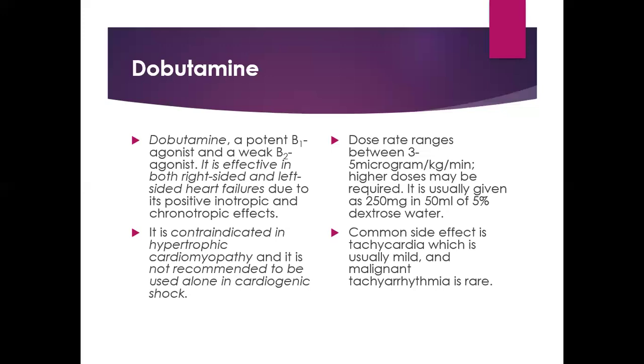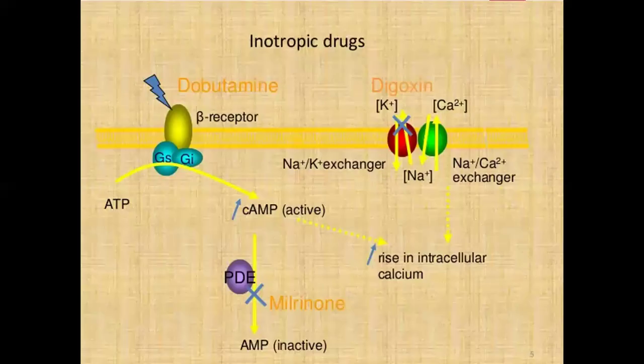So in as much as it is helping myocardial contractility, it causes a reduction in afterload, and all you have is improved cardiac output. Doses range between 3 to 5 microgram per kg per minute, and a lot of times higher doses may be required, especially in decompensated heart failure.